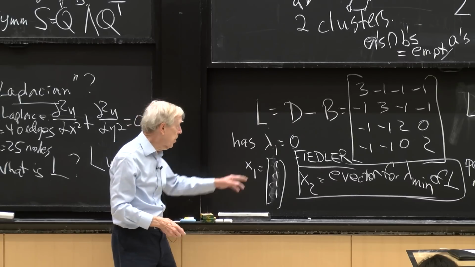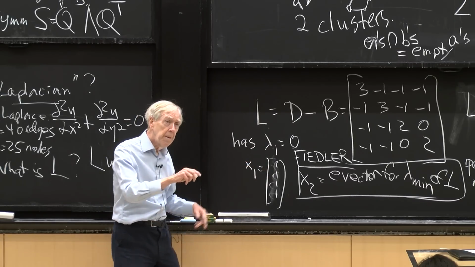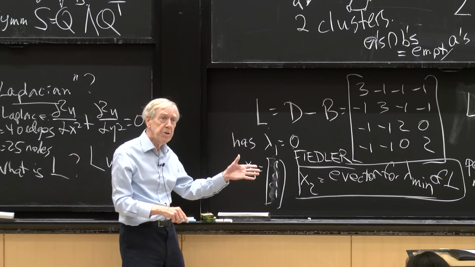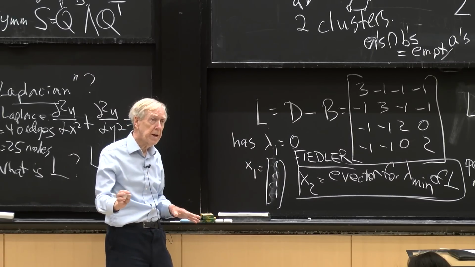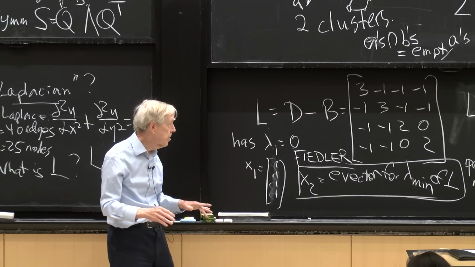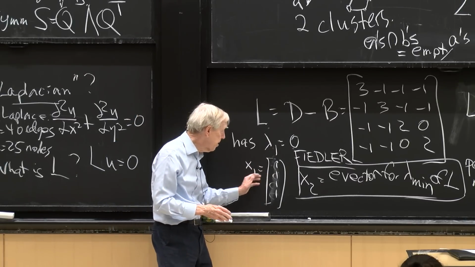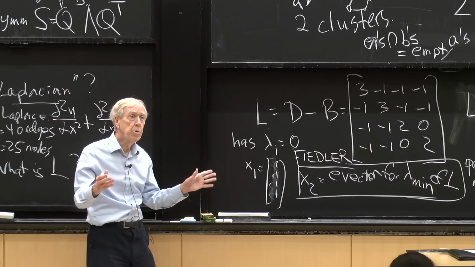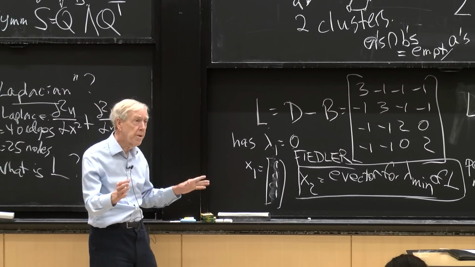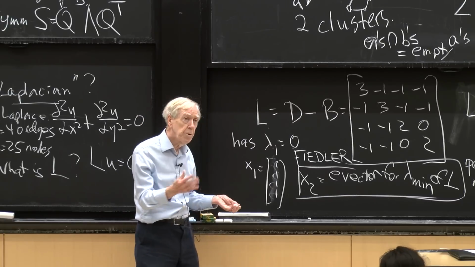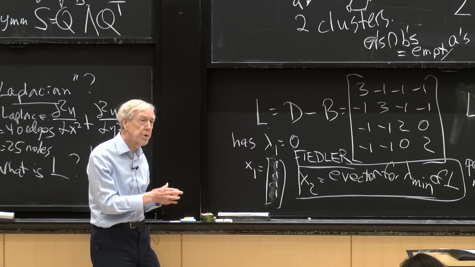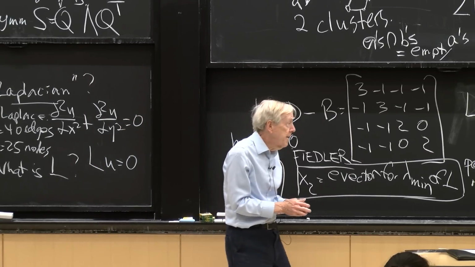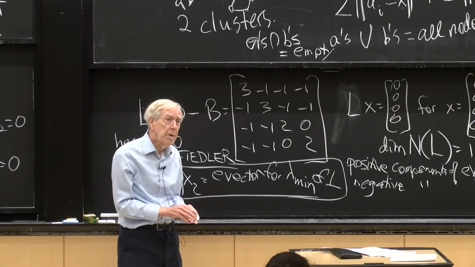A vector is orthogonal to all ones. That dot product is just adding up the components. So we have a bunch of positive components and a bunch of negative components. They have the same sum, because the dot product with that is 0. And those two sets of components tell you the two clusters in spectral clustering. So it's a pretty nifty algorithm.